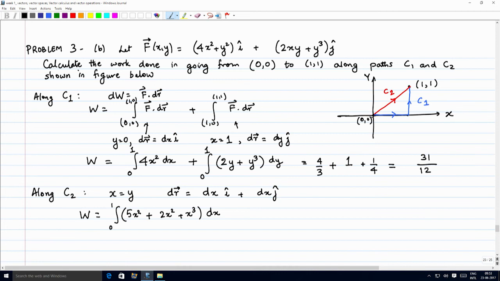So that is what I had. I substituted x equal to y, and dx equal to dy, and I went through everything and I got this. And you can easily verify.